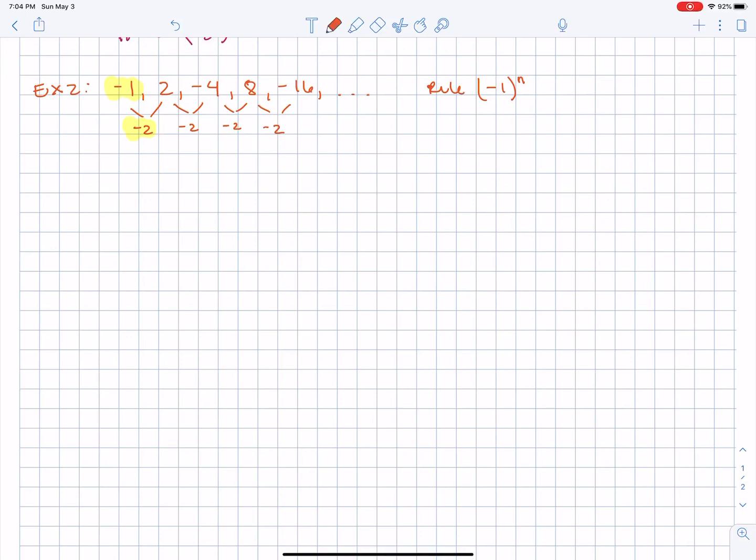So instead of having to use that like we did last time, all you need to do is say a sub n is equal to your first term, which is -1, times -2 to the power of n minus 1. And that's how you'd write this sequence.